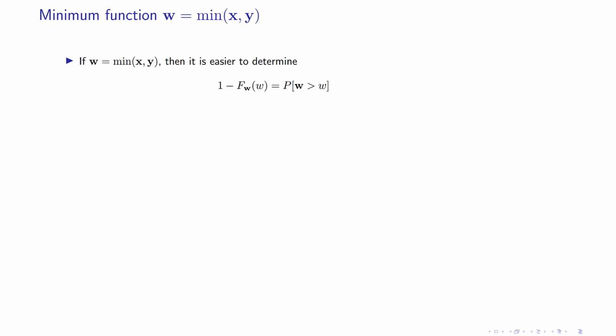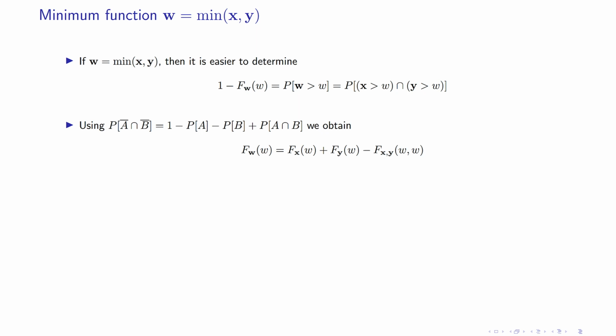So first of all, we found the complementary CDF of W, which sometimes we denote by F̄_W(w), the complementary CDF. It is equal to this expression, and this is equal to the joint complementary CDF of X and Y, so F̄_XY(w, w).